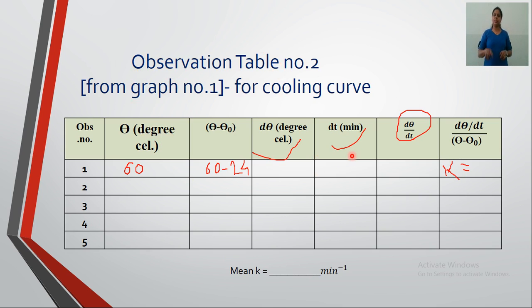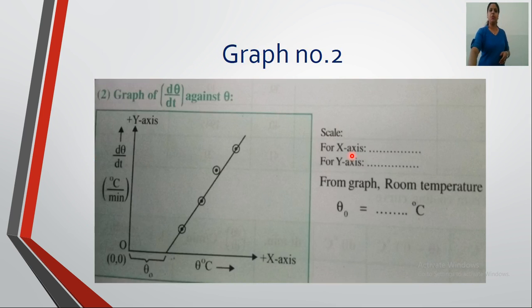After this, by calculation and getting all the observations in table number 2, we'll move toward graph number 2. You will get graph 2 from observation 2 only. So firstly you will need to draw graph number 1.